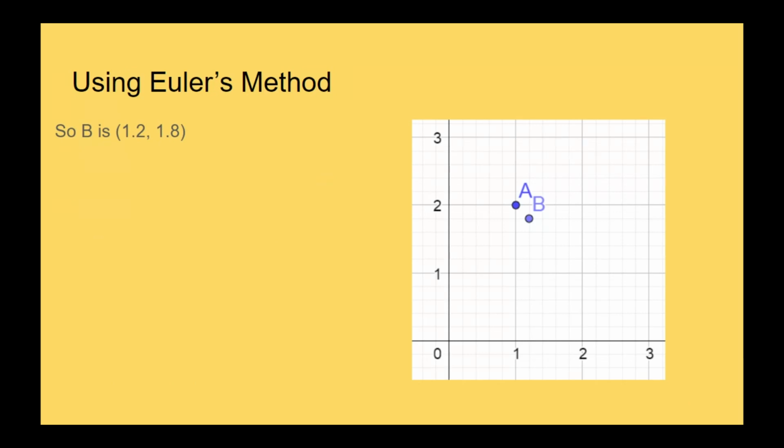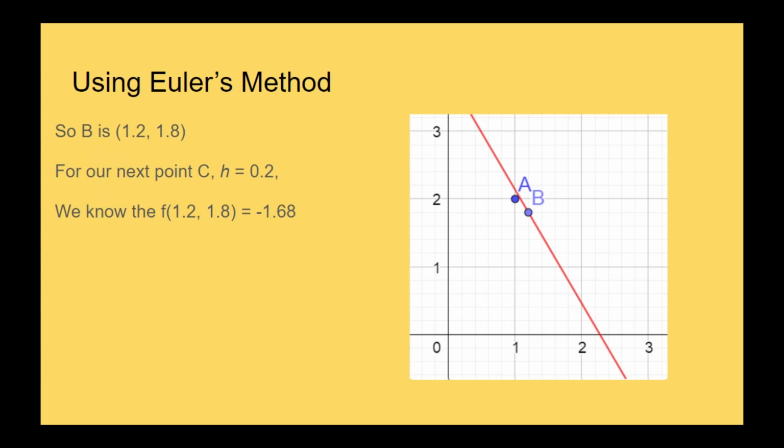Now we're going to take our second step and find our third approximation for a point. So again, our step length is 0.2 again, so the x coordinate for our point C is going to be 0.2 more than 1.2. We can calculate the gradient at this point, or the gradient of the tangent to the curve, and so we can calculate our change in y.